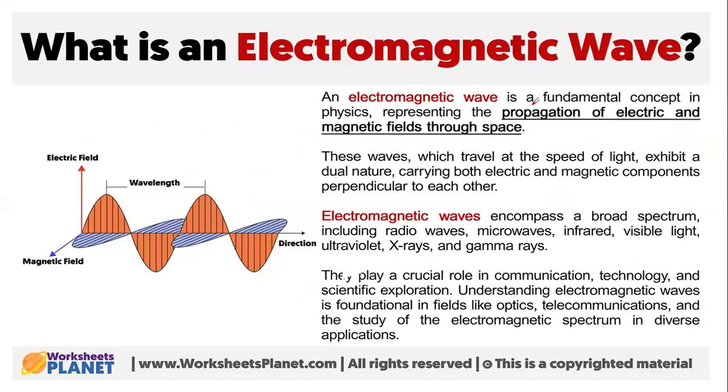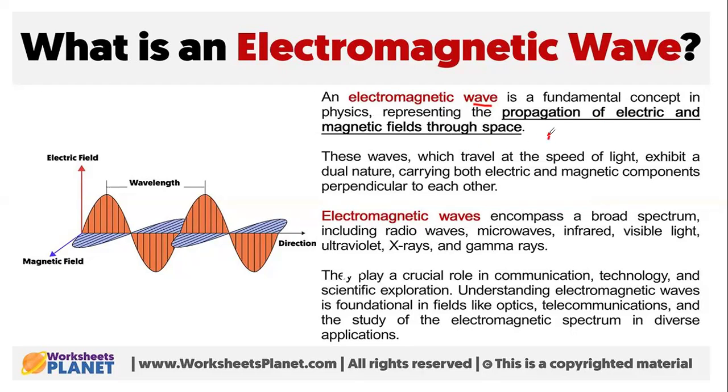I'm saying an electromagnetic wave is just the fundamental concept, mostly in physics, but even in chemistry we can use it, representing the propagation of electric and magnetic fields through space.